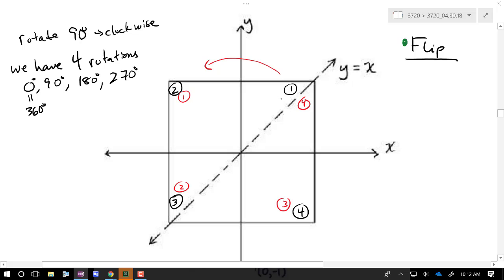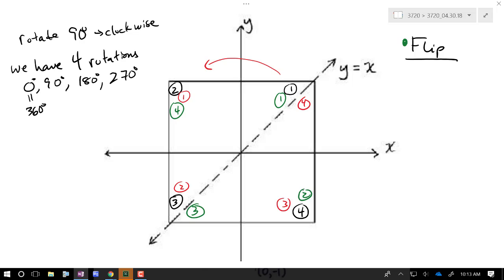If I flip across this dotted line, the 1 stays exactly where it is, and so does the 3. Those guys don't move. The only thing that changes is that the 2 and the 4 swap. And you'll notice that is not a rotation that we would get by one of these rotations. It legitimately gives us a different symmetry of the square than just the 4 rotations.